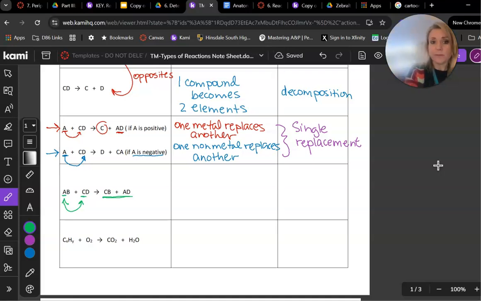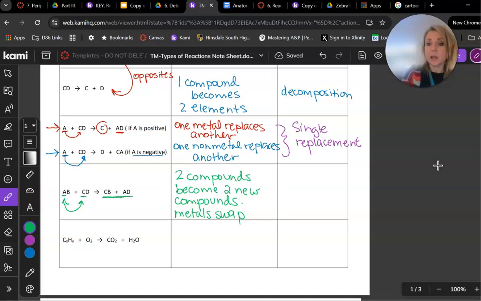So with this kind of reaction, we have two compounds become two new compounds. Basically, the metals swap. This is called double replacement.